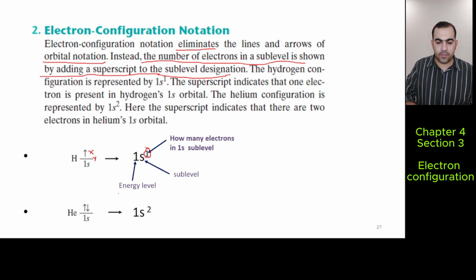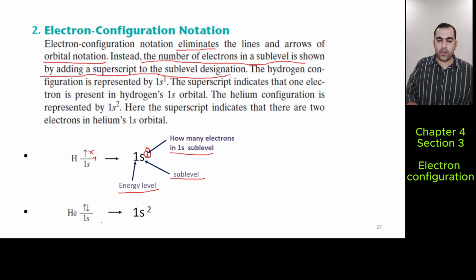This number represents the energy level, n equals 1, an s sublevel in the first energy level. And this number is how many electrons we have in the 1s sublevel. S represents the sublevel.